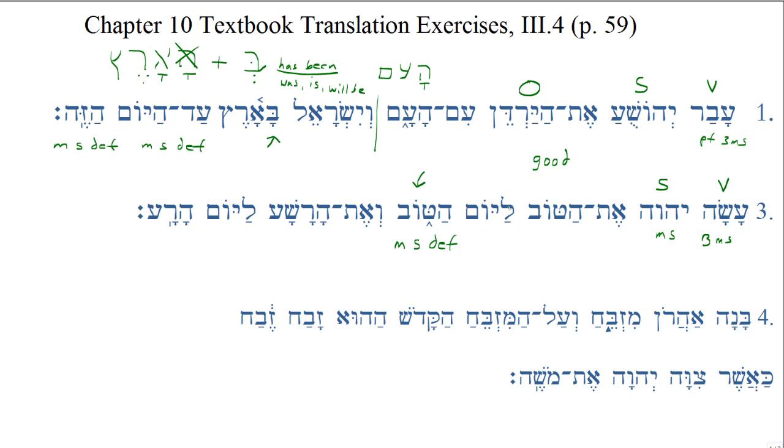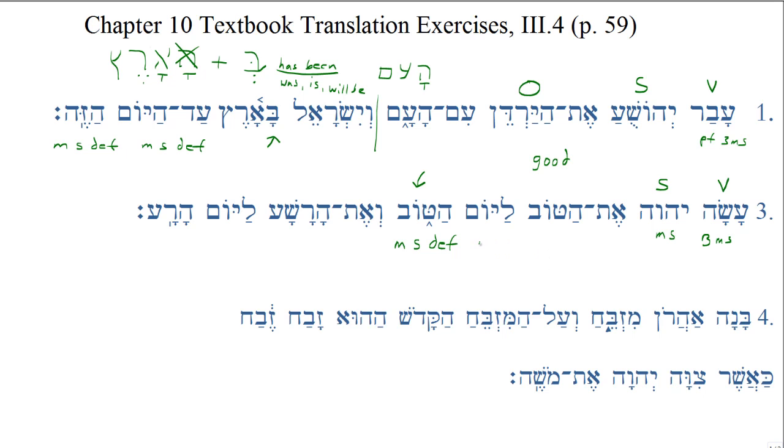We have the preposition lamed in front of it. Notice we have the patach and the doubling of the yod, which is the first letter of yom. This tells us that there is a definite article. If we were to write layom without a definite article, it would simply have a vocal schwa and no doubling of the yod.